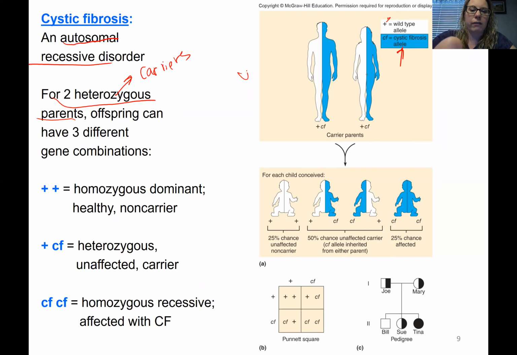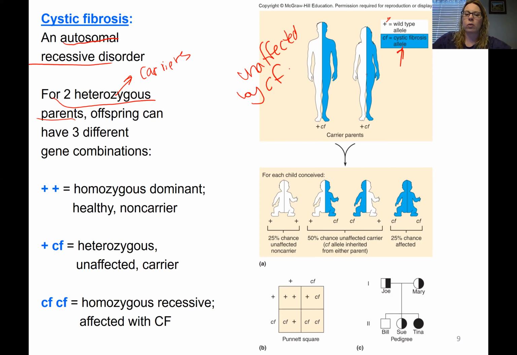These are unaffected by cystic fibrosis. They carry the allele, but they do not have the disorder, because remember, you have to have two of the alleles to get this recessive disorder. Now we can look at the possible combinations of the alleles in their offspring.